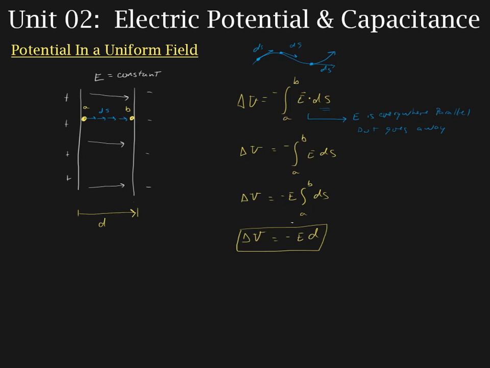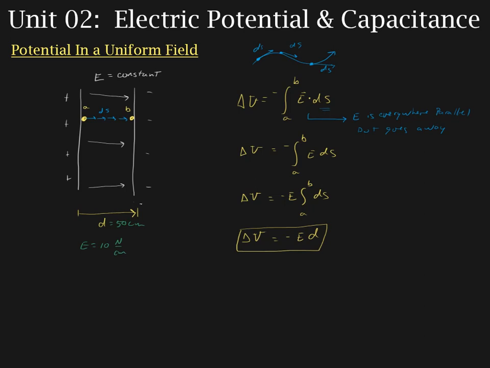So let's put this into a little perspective for you. Just give you a small example here. Let's just say that the electric field for these parallel plates is equal to 10 newtons per coulomb, and d is equal to 50 centimeters.